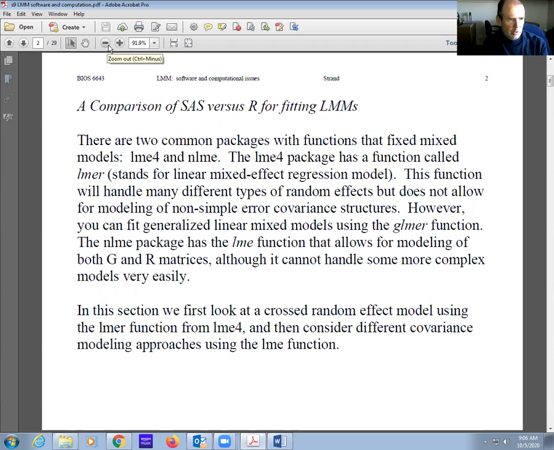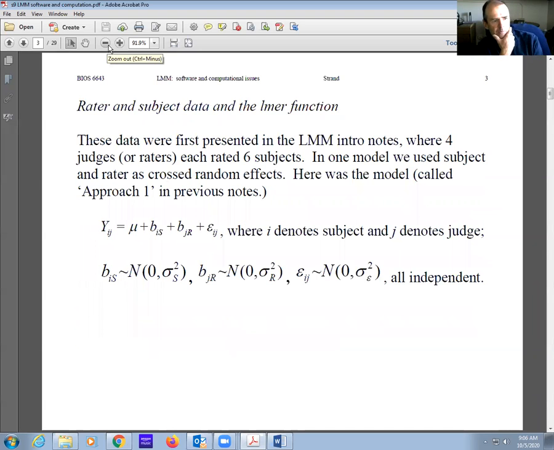So real briefly, this data set. If you have raters or judges that are judging subjects, we talked about one example, like Dancing with the Stars, just as a fun example. If you have three judges, and this one's going to be harder to draw on, I think, but let's see.